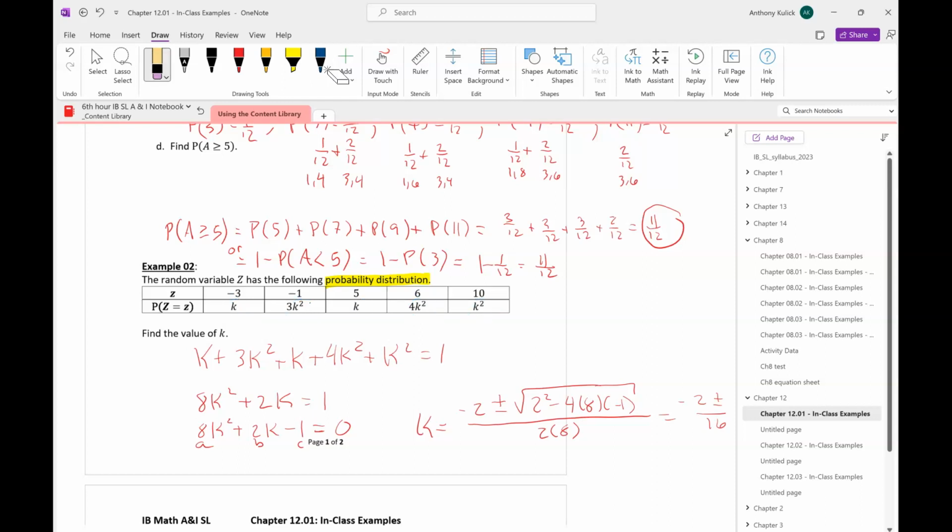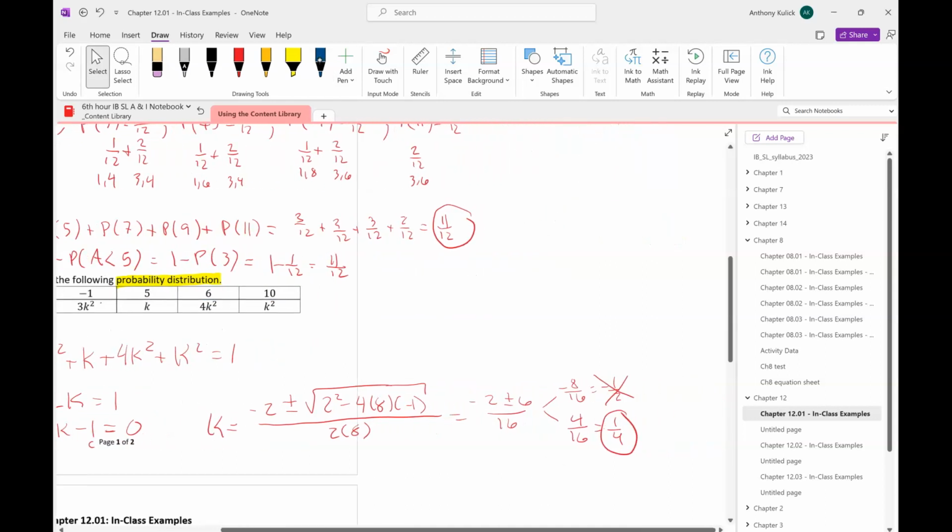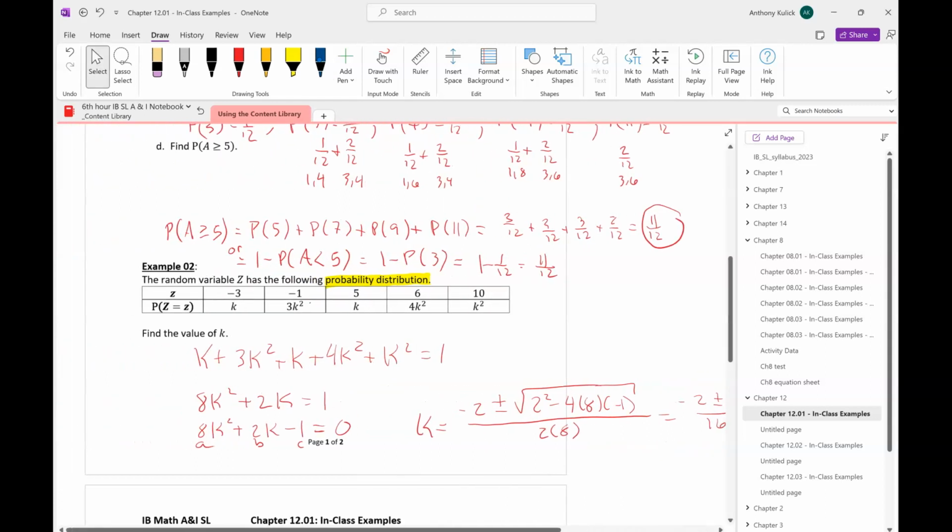So what are we going to do? We're going to take our value for k and plug it back in to get the probabilities for these. So we're going to use that k we just found. And I'll do that quickly here in my head.